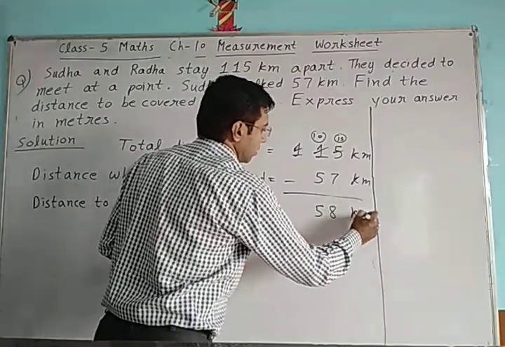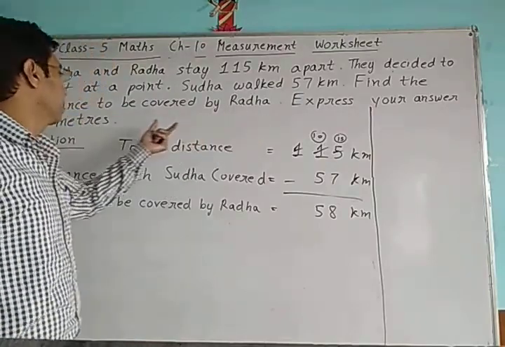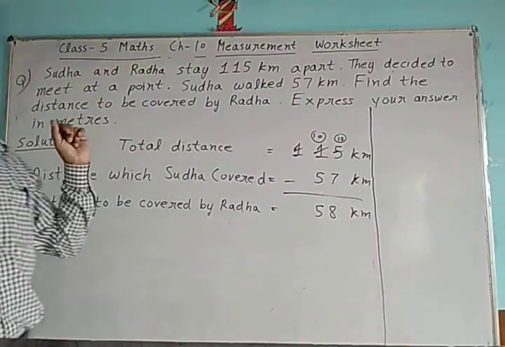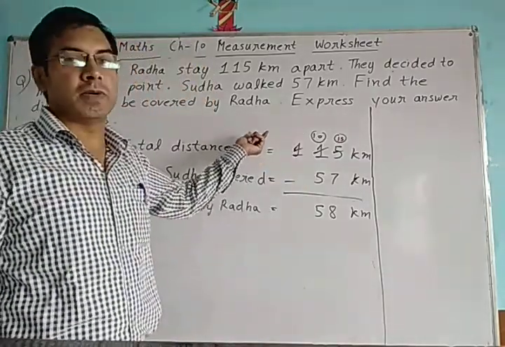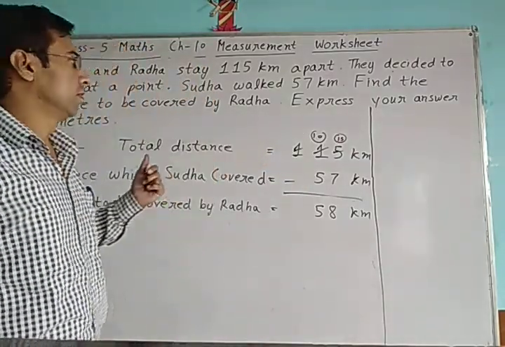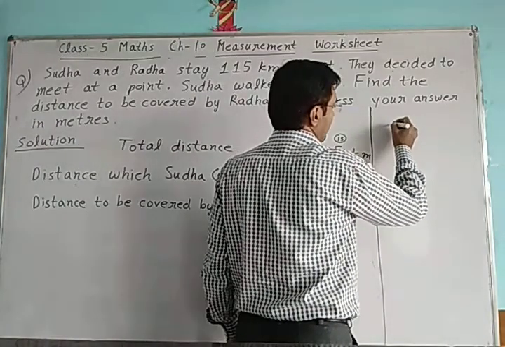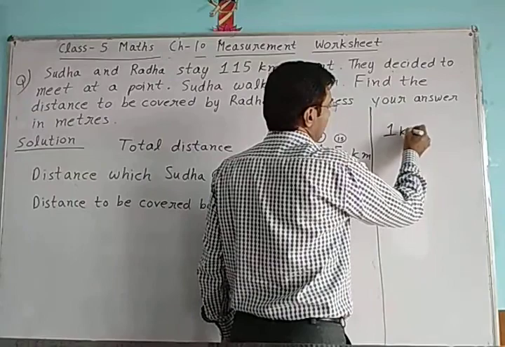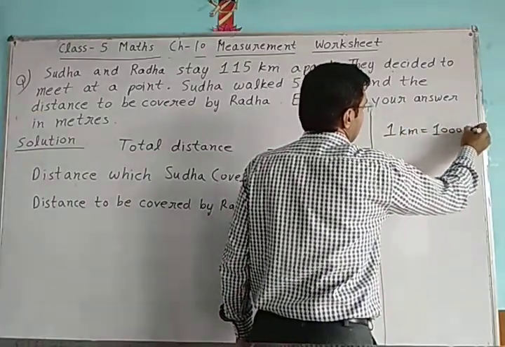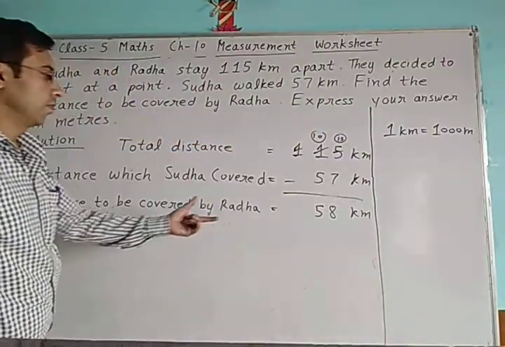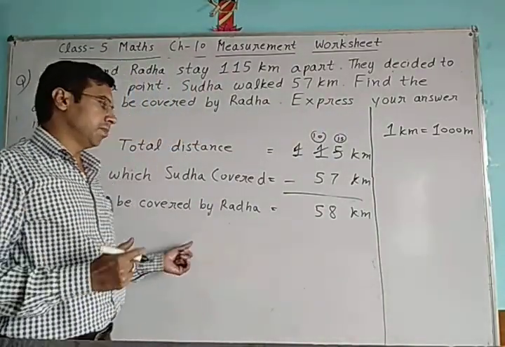58 kilometer. Now students, next express your answer in meter. 1 kilometer is equal to how many meters? 1000 meter. We know 1 kilometer is equal to 1000 meter. So when we convert a bigger unit to a smaller unit, we multiply.